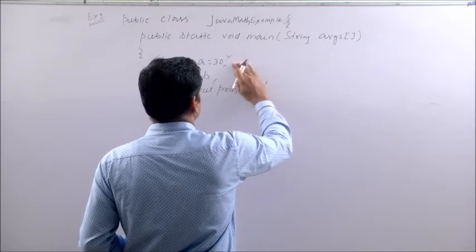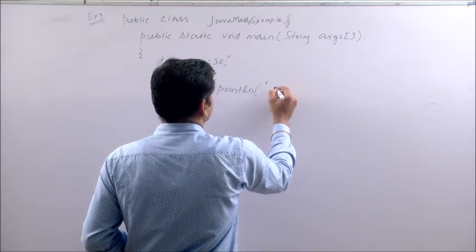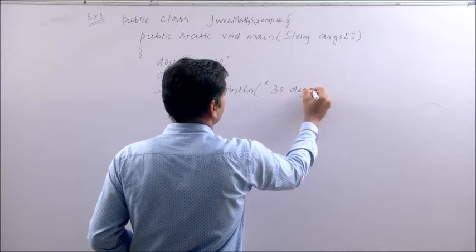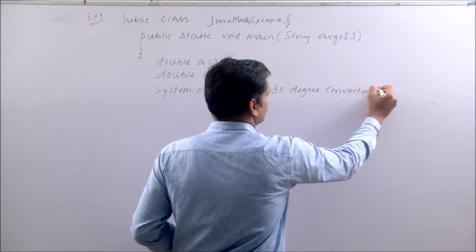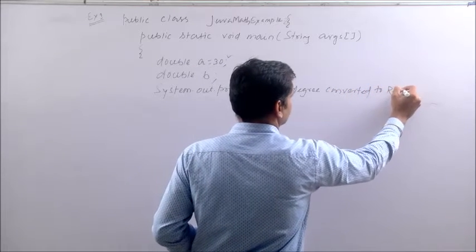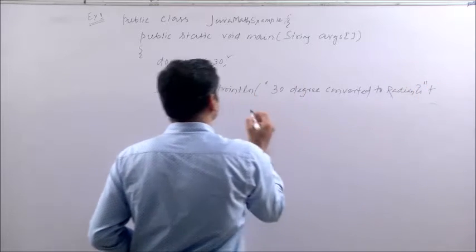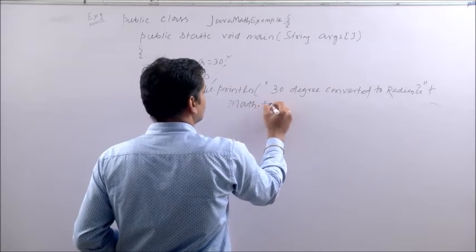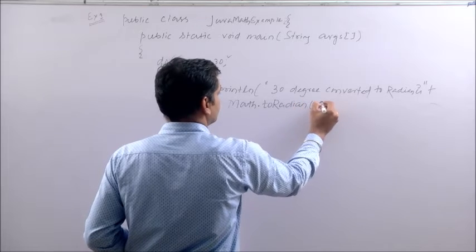If suppose we assume that a is the degree value, 30 degree converted to radian is Math.toRadians(30).